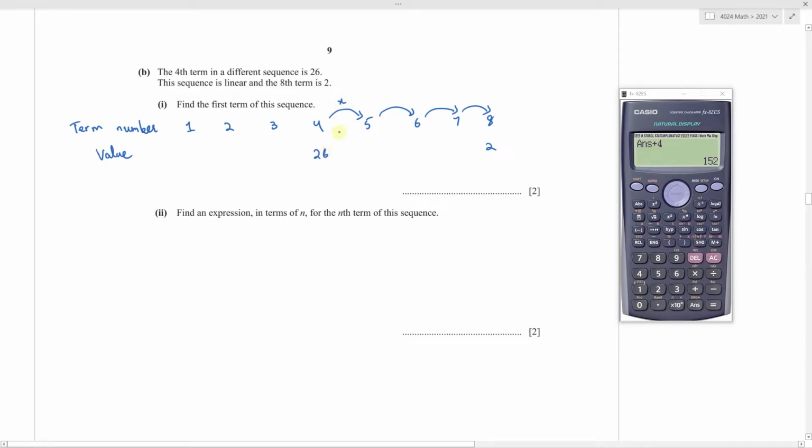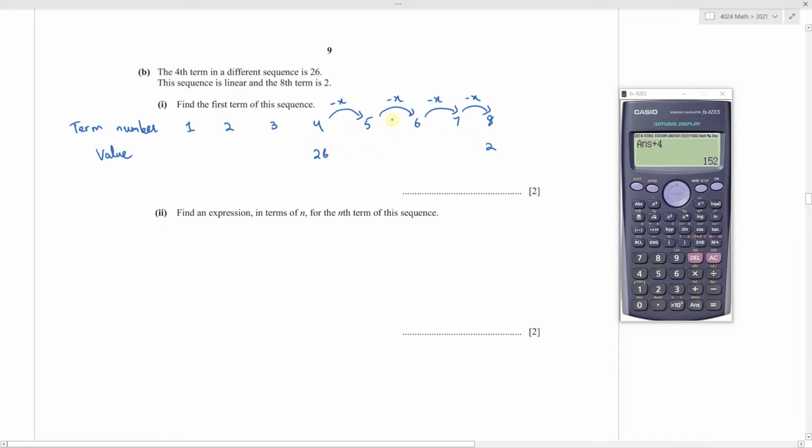So you're subtracting x each time, minus x, and then you subtract x again to get the next value, subtract x again, and then subtract x again to get to the eighth value. So you're given your fourth term is 26, eighth term is 2, and your sequence is linear, meaning you're subtracting a constant value each time to get to the next number in the sequence.